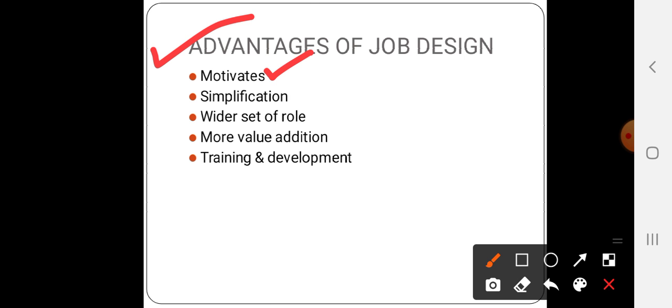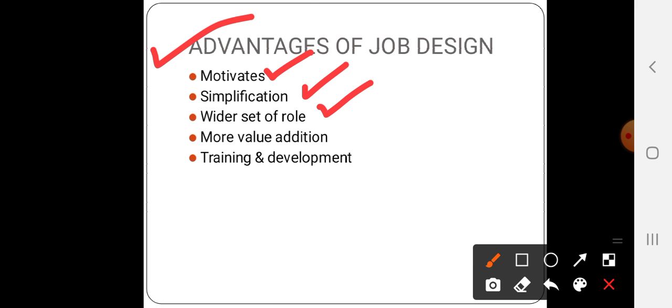Job design helps create a job profile which can motivate the employees at the workplace, and which also reduces the dissatisfaction level of the employees. Secondly, simplification. Job design ensures that the job is simplified, or broken down, for employees, especially those who have limited skills and are unskilled.